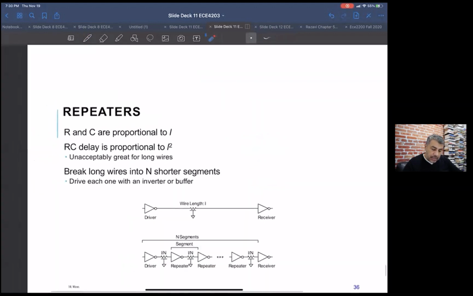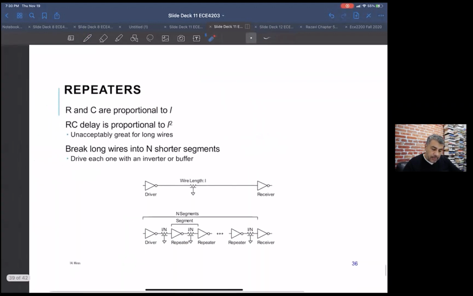Okay, lastly, this is a question that always comes up. Let's say you have a really, really long line, something that goes a significant amount across the chip. Should you just drive it as a single line, or do you break it up and put repeaters in between?